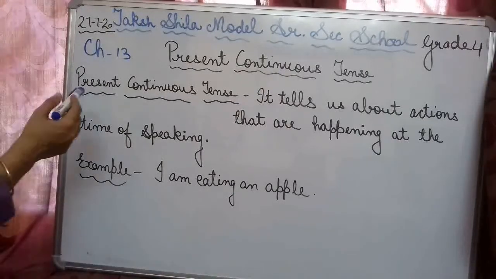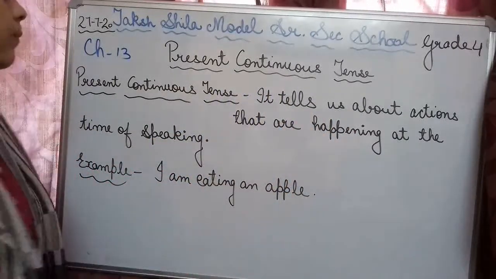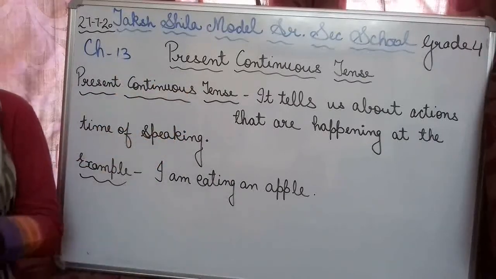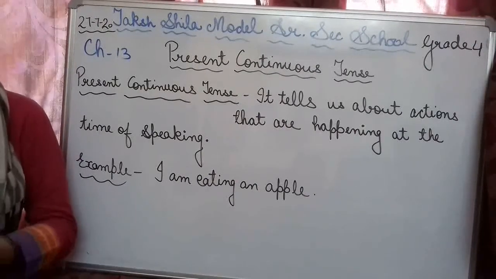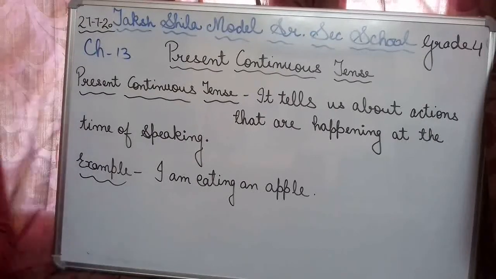Now, come to the definition. It tells us about actions that are happening at the time of speaking. So present continuous tense tells us that the action is continuing at the time of speaking, at the present moment, right?